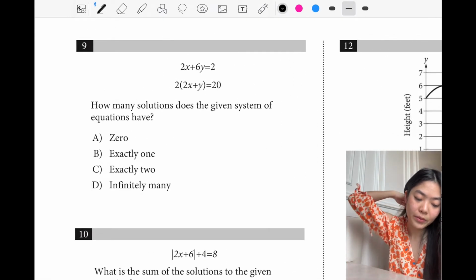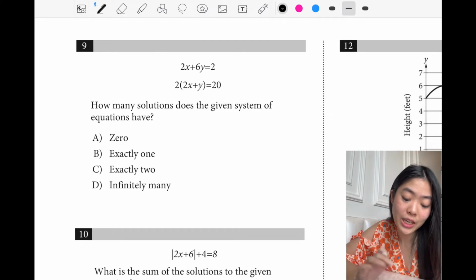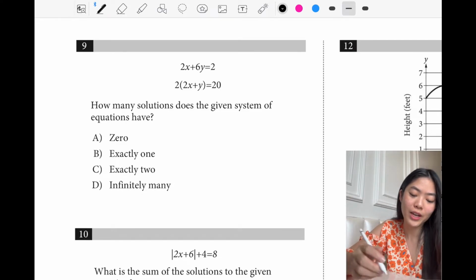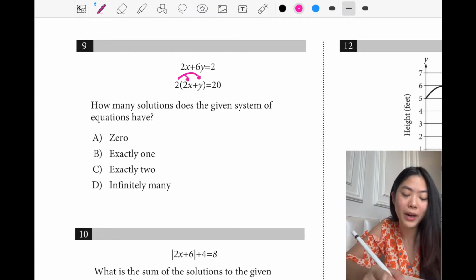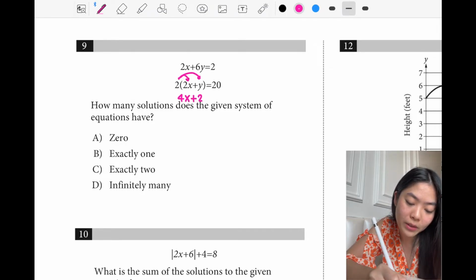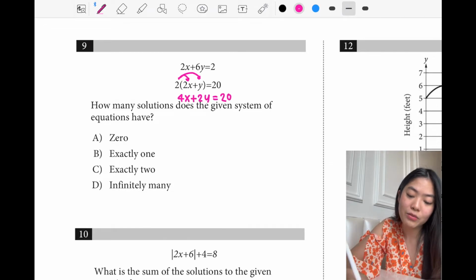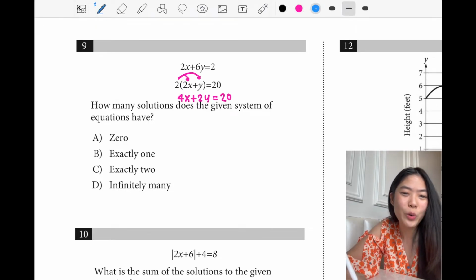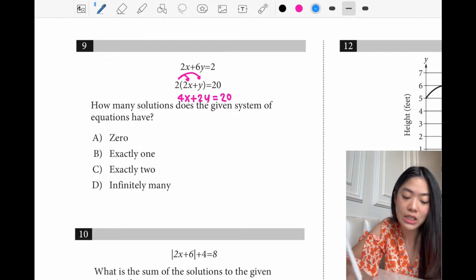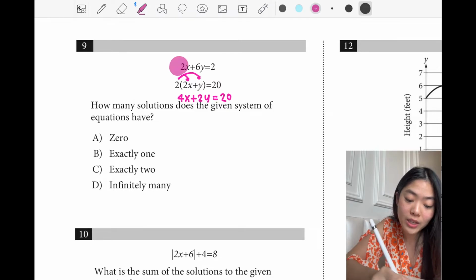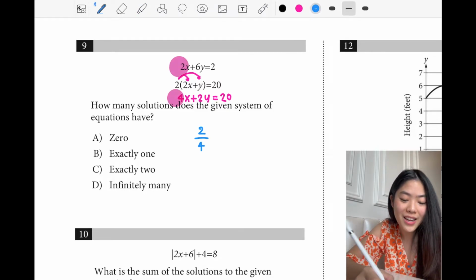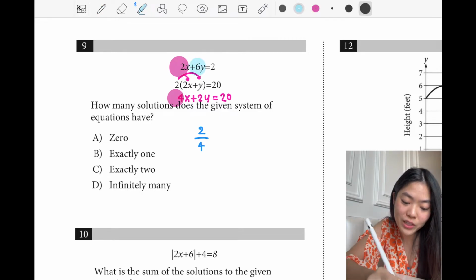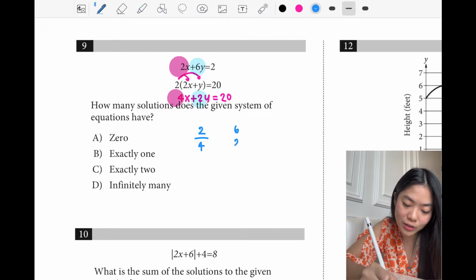Okay, next, question 9. How many solutions does the given system of equations have? What we're going to do is simplify this one first by multiplying by 2. So it's going to be 4x + 2y = 20. From here, we have a quick trick: we don't need to find each of the gradients. We just divide the coefficient in front of x and the coefficient in front of y, and 6/2 here.